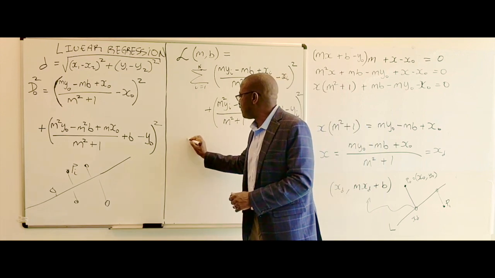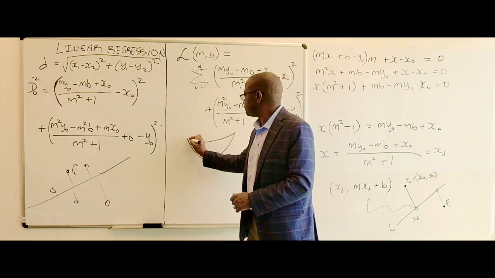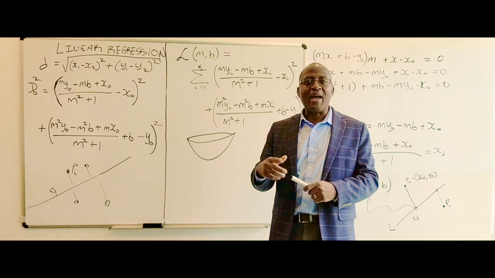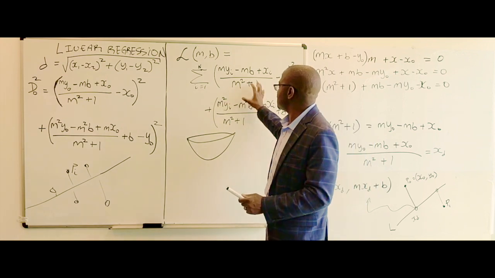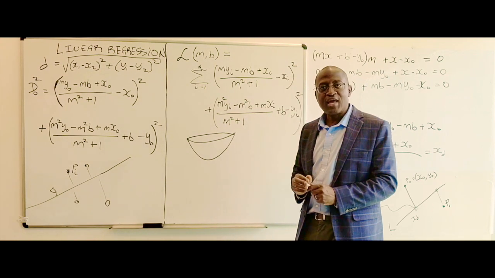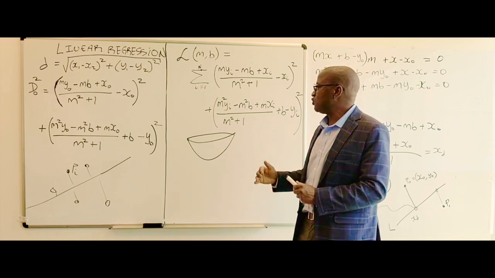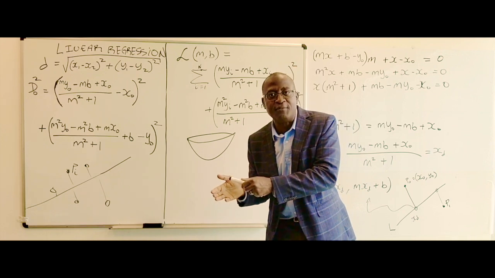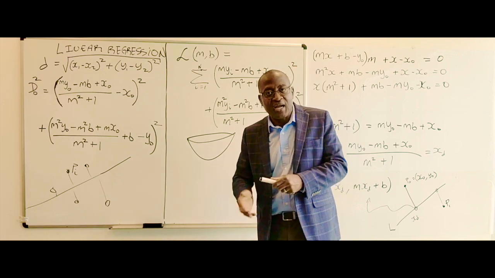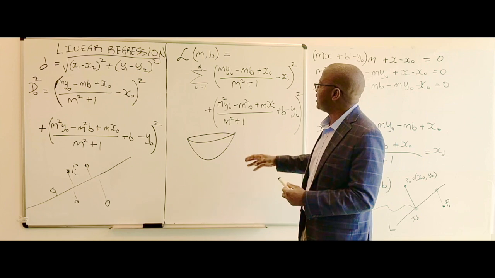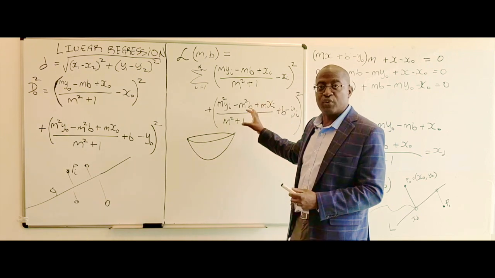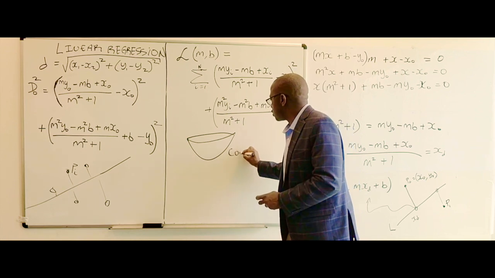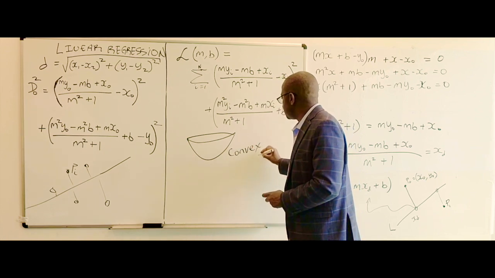Convex functions have interesting properties such that they have only one minimum. So this, we know, is a convex function, and therefore we don't have to worry about, is it a maximum or a minimum? Is it the only minimum? Is it the least of the minima? We can rest assured in knowing that the sum of squares loss function is a convex function. Okay, these are called convex functions.